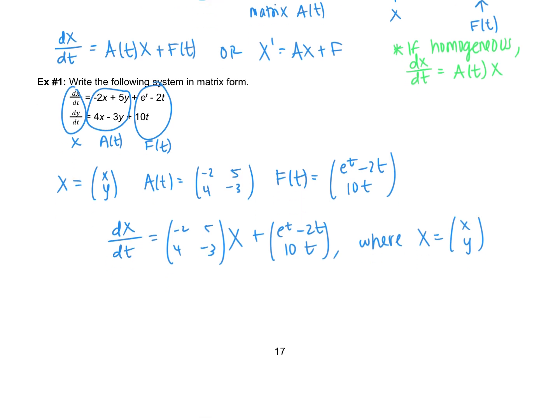Alternately, this can also be written as X prime is equal to -2, 5, 4, -3 times X. And we might choose to split this up, so we have 1, 0 times e to the t, and then we have -2 and 10 multiplied by t. So that is the first step for today, writing our system in matrix form.